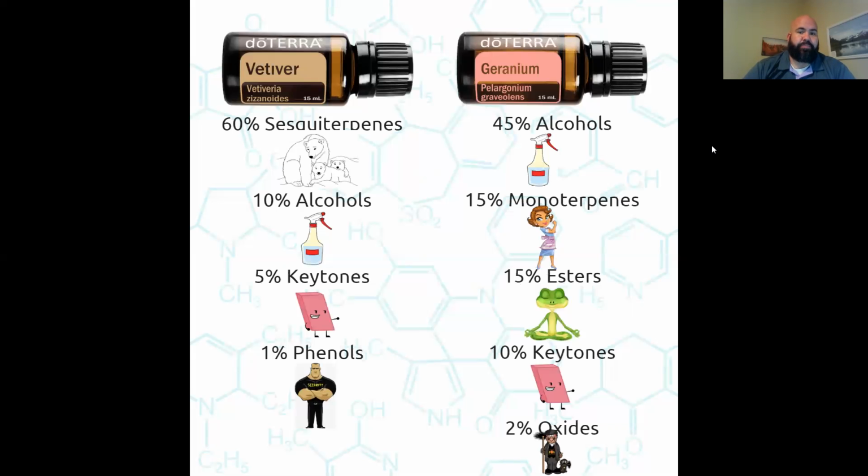Like geranium is going to be closer to 45% alcohols. Now this isn't exact numbers. It's usually up to about 45% alcohol, up to about 15% monoterpenes, and then 15% esters, 10% ketones, 20% oxides. Actually, oxides we take out there.